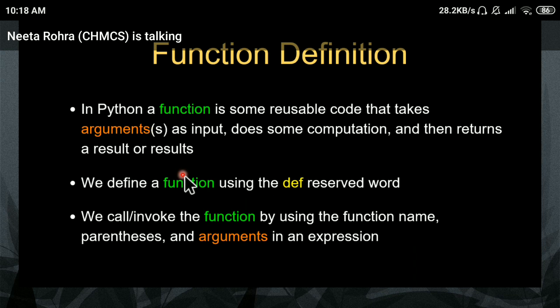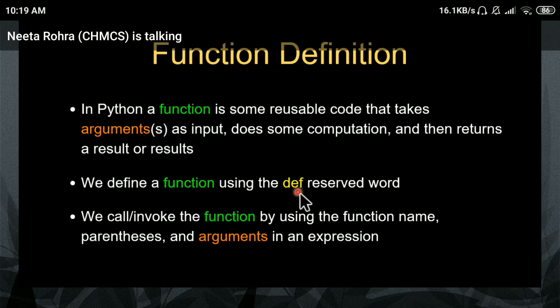Functions either can accept arguments or not. If functions require some input from external parameters, those are nothing but stored in the arguments of a function. If they don't, that means you're not passing any arguments to a function. Def is a reserved keyword which stands for define, and it defines the function.